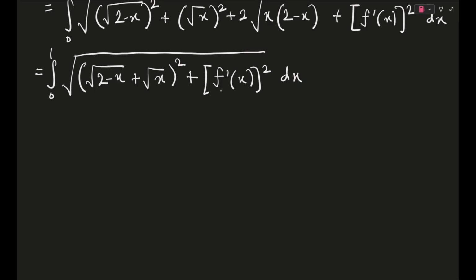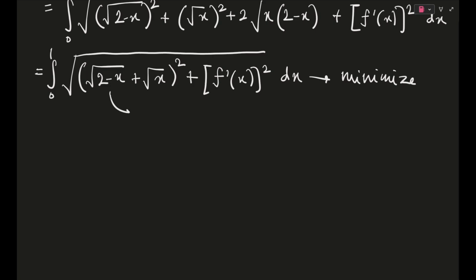Now this is where it actually gets difficult, but there is a way out. If we want to minimize this expression, there can be two methods, and those two methods will give us two parts of our answer. The first thing: this is in the form of root under a square plus b square.